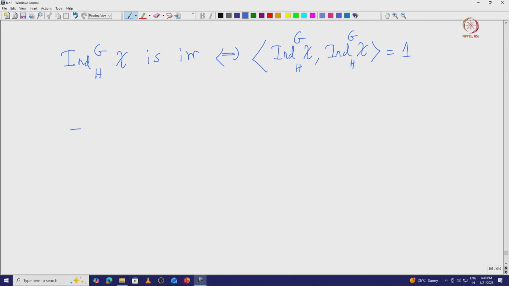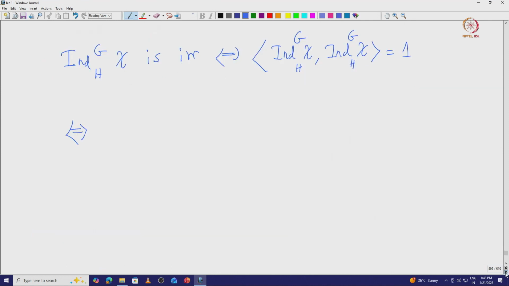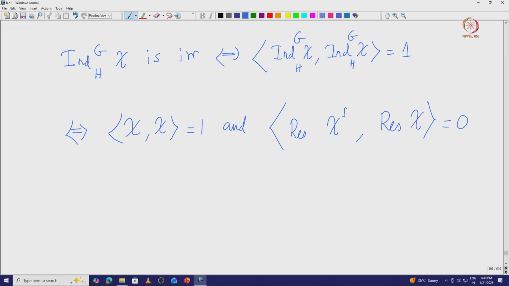So, that means if and only if you can see that this term must be equal to 1 and this term must be equal to 0. So, then we can write down that as chi comma chi supposed to be 1 and the restriction of chi S and the restriction of chi, these inner products supposed to be 0, but what is the meaning of that? That means they are disjoint.